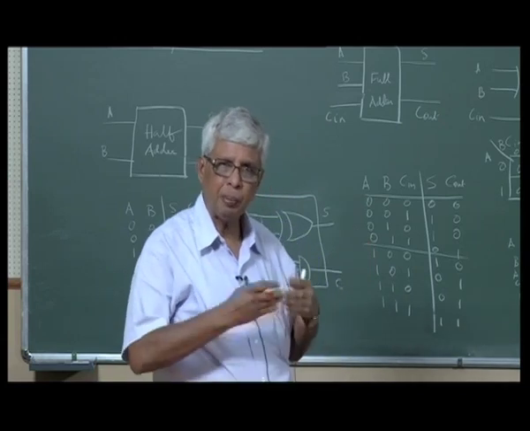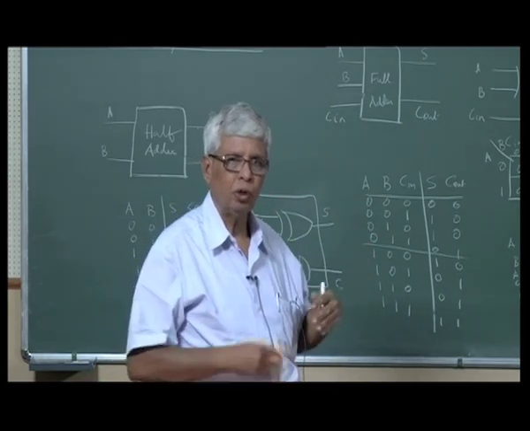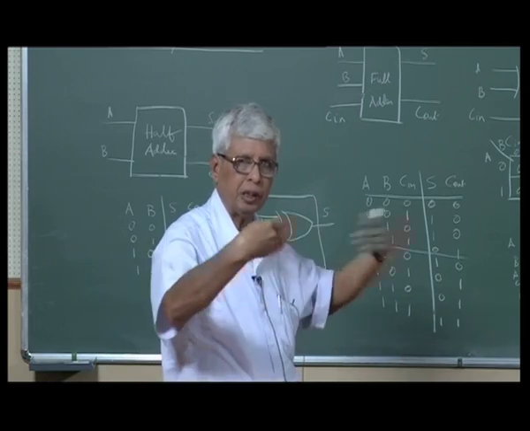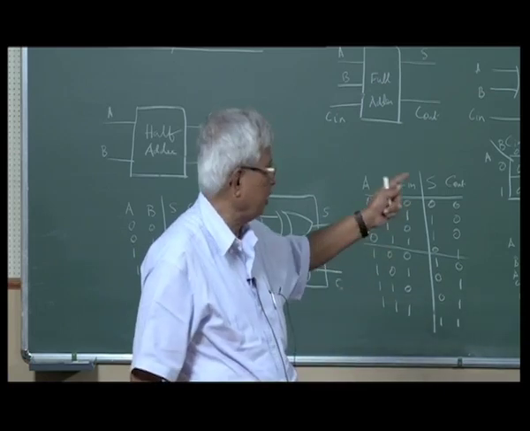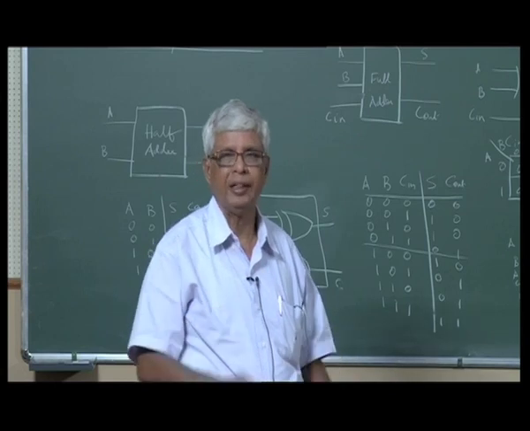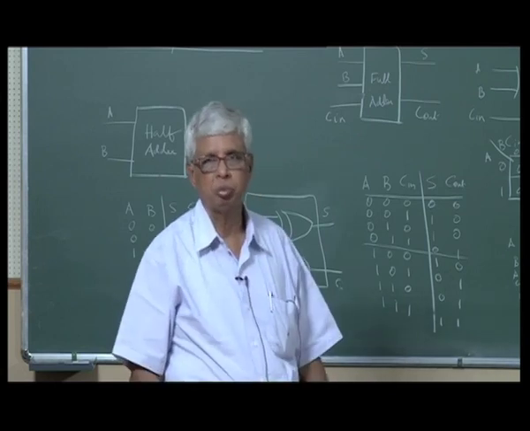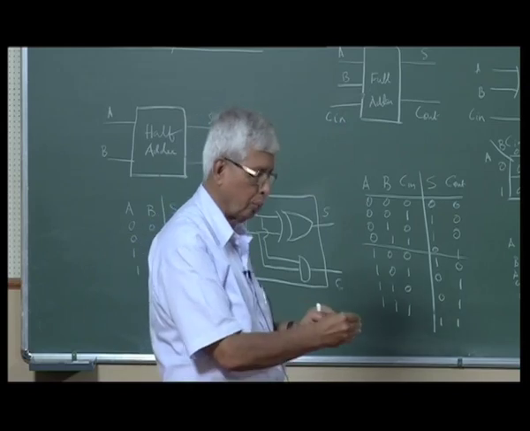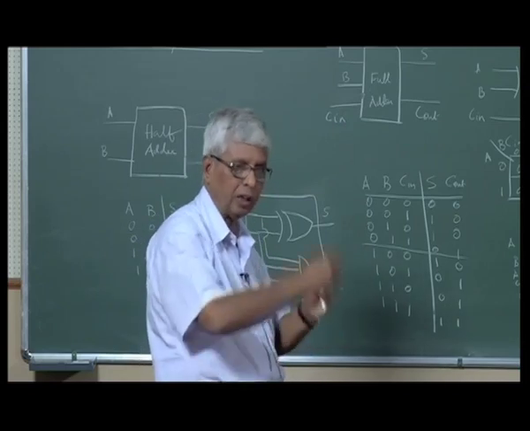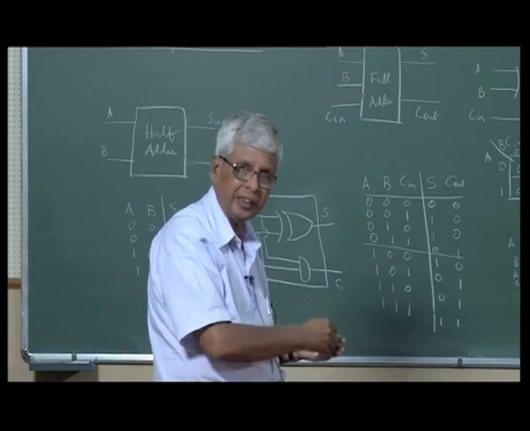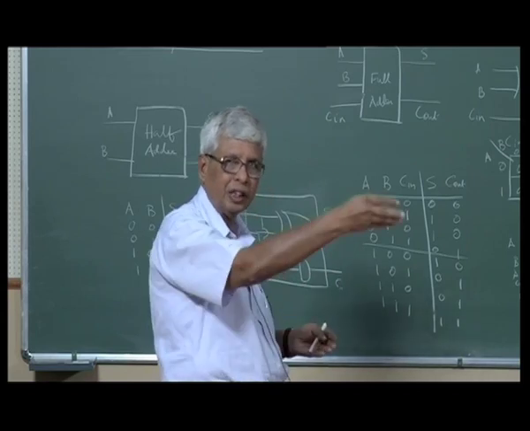But when you have multiple bits, 4 bits, 8 bits, 16 bits, 32 bits, you should always have this type of combination. C in should be provided in case it comes from somewhere, because it may have 4 bits and this 4 bits can feed into another 4 bits. So this C out of this 4 bits will go as C in with the next 4 bits.